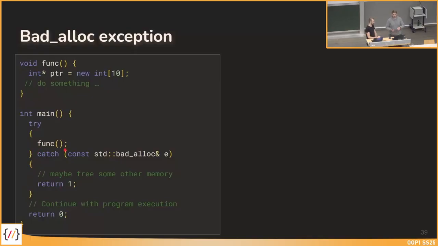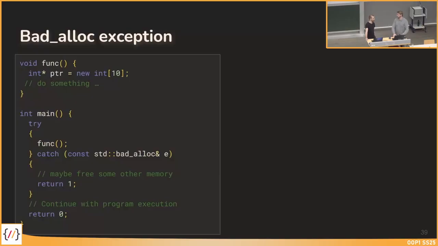So we only have to care about this, most of the time, in just one place in the code, and not propagate it through all the functions anymore. Then we free some other memory if we have some, and either continue with program execution or end. This is basically handling no more memory in C++.